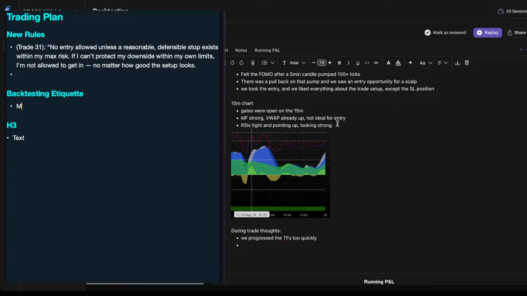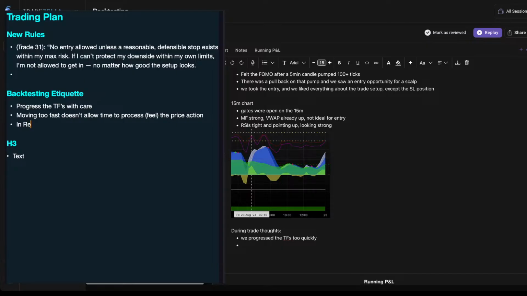Progress the time frames with care. Moving too fast with the candle progression doesn't allow time to process and feel the price action.